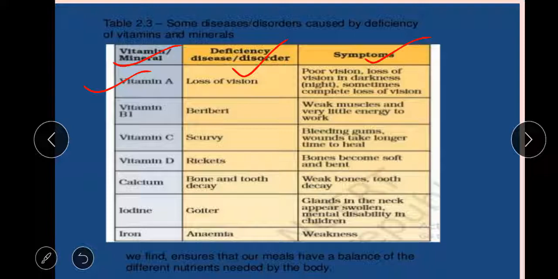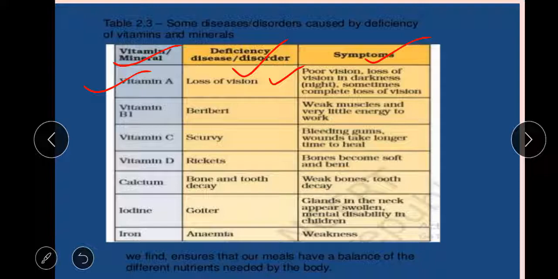If there is a deficiency of vitamin A, then which disease occurs in the body? Loss of vision. What will be the symptoms? Symptoms will be poor vision, loss of vision, and darkness, sometimes complete loss of vision.